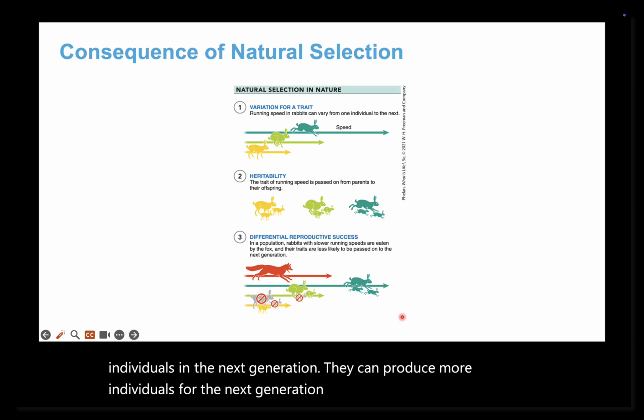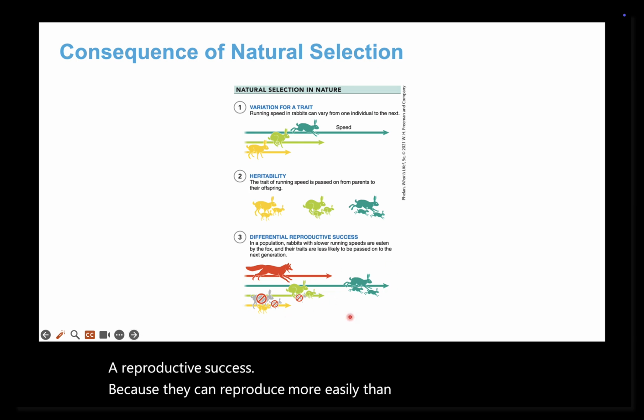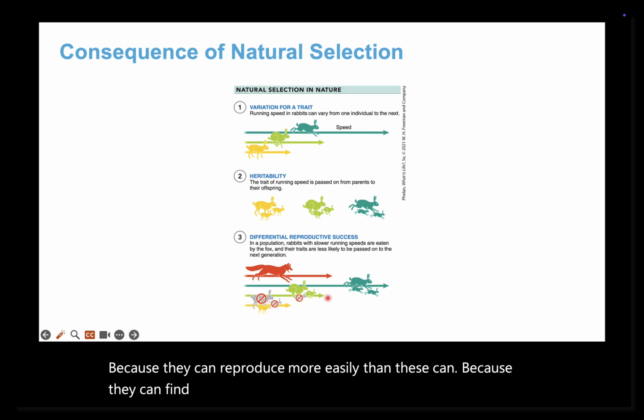Therefore, this trait conferred to this species a reproductive success because they can reproduce more easily than these can, because they can find more mates than these guys can.